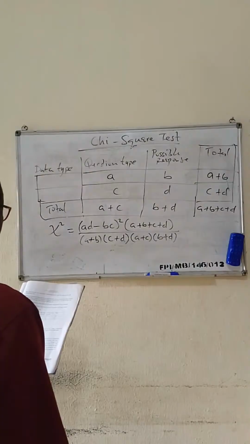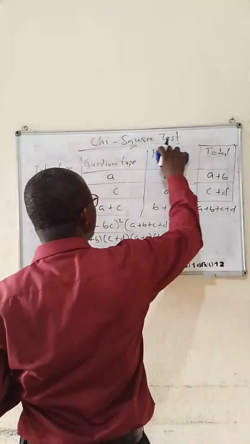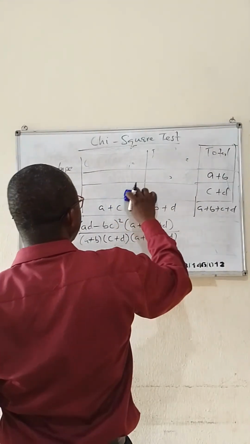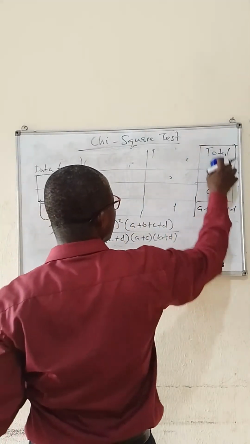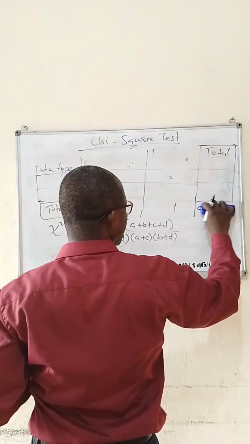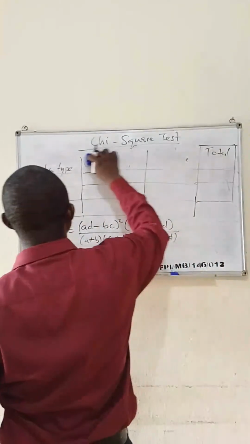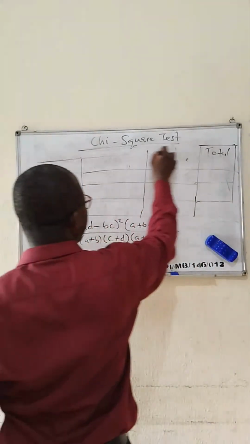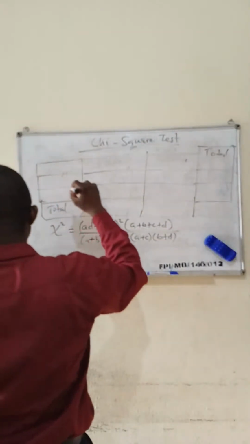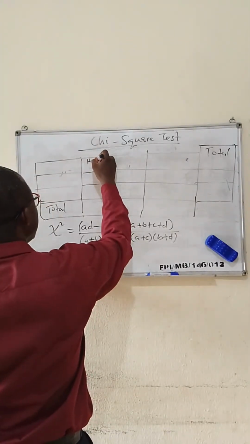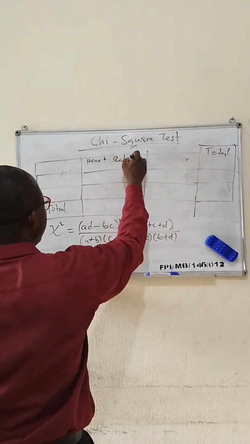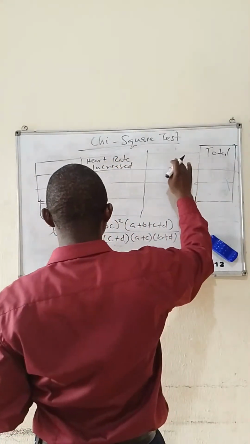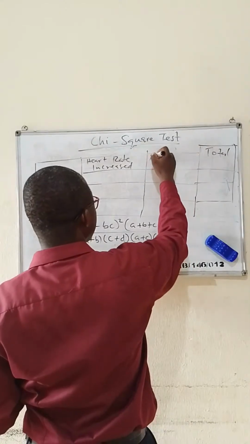So we now have data put on the table in this manner. Let me edit this table here to show the problem given: heart rate increased, and then no heart rate increase.